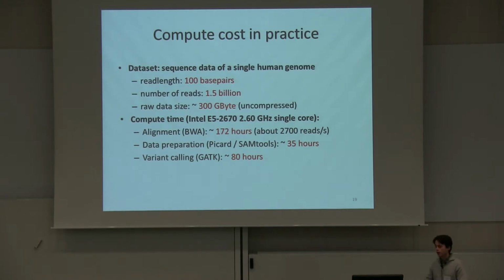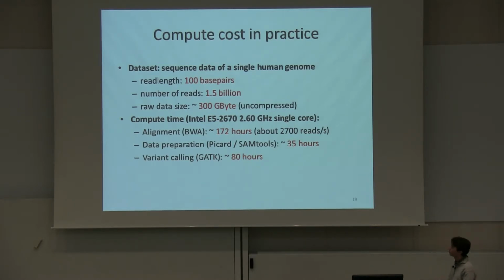If you apply on a single core this best practices pipeline that I've talked about in previous slides, it takes about 172 hours to do the alignment, another 35 hours to do the data preparation, and then finally another 80 hours to do the GATK steps, including variant calling.